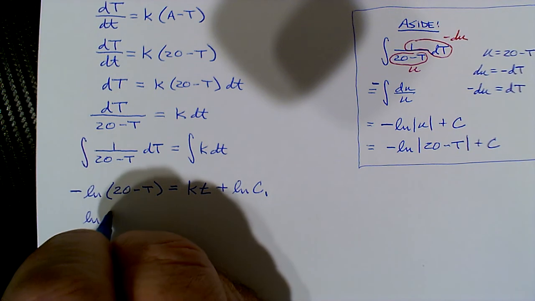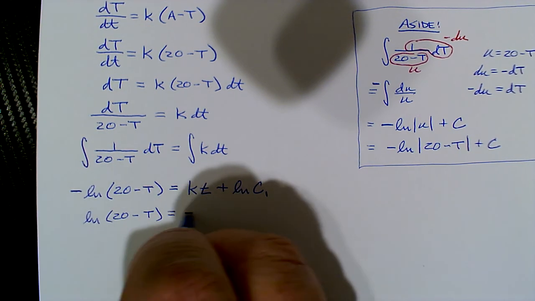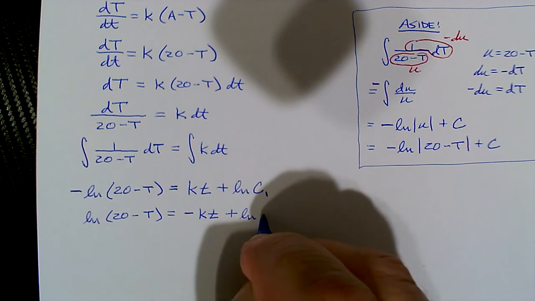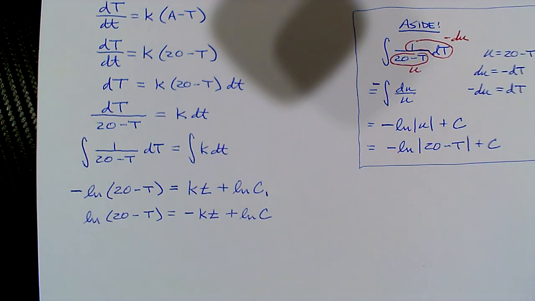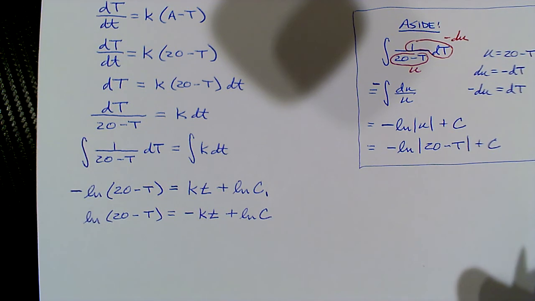So the natural log of 20 minus uppercase T is going to be negative kt, and then plus the natural log of c. So it's just a different constant. It's really negative natural log of c1, but I replace that by the natural log of c.